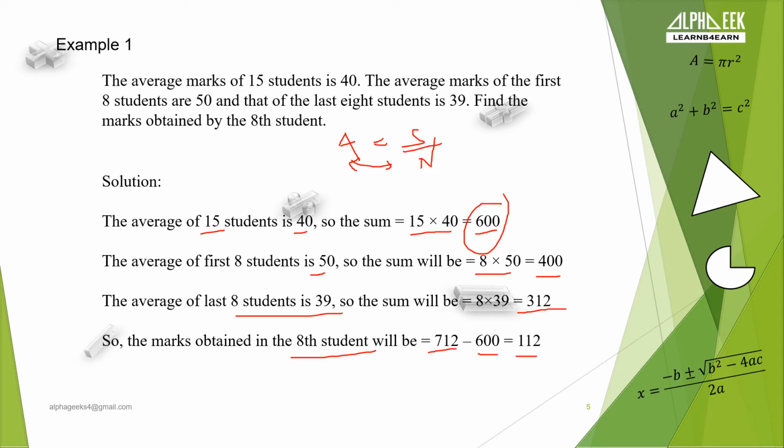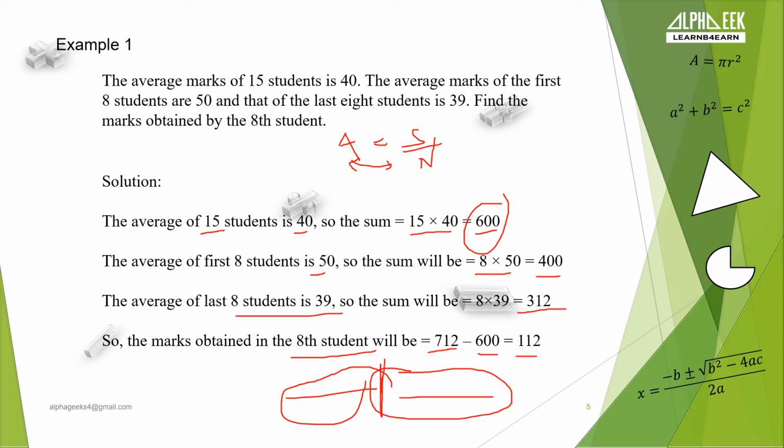So 112 is the marks obtained by the 8th student, because we know the 8th student comes in the center of the 15 students, with 7 before and 7 after. So if we add the sum of marks of the first 8 students and the sum of marks of the next 8 students, then we have added the 8th student twice, correct?